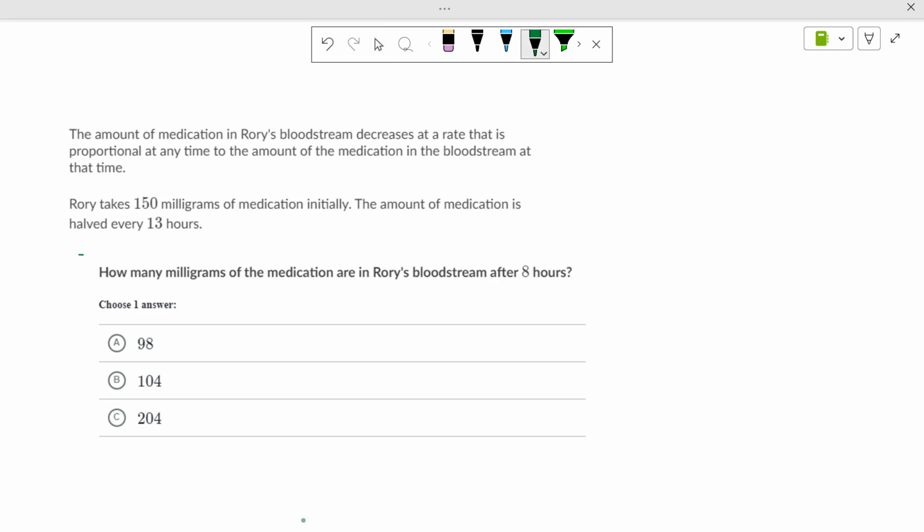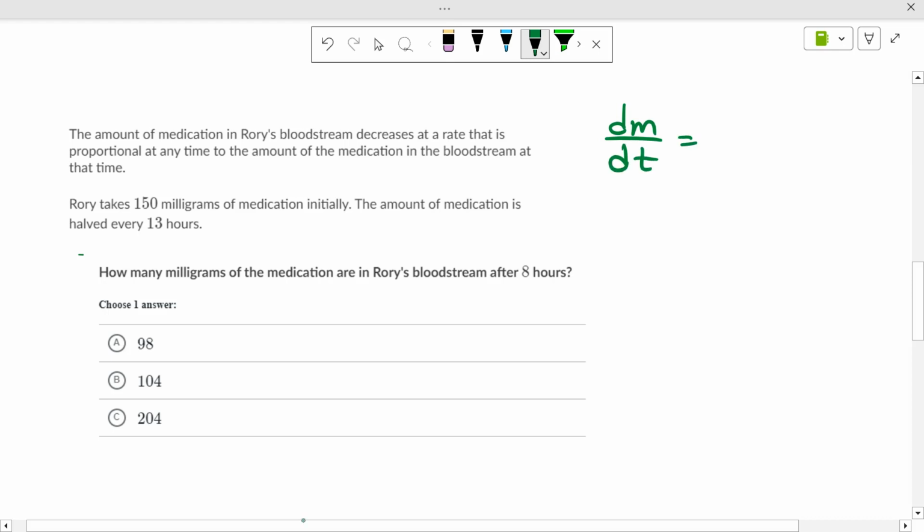So dM/dt equals the amount of medication in his bloodstream times the constant of proportionality. Okay?